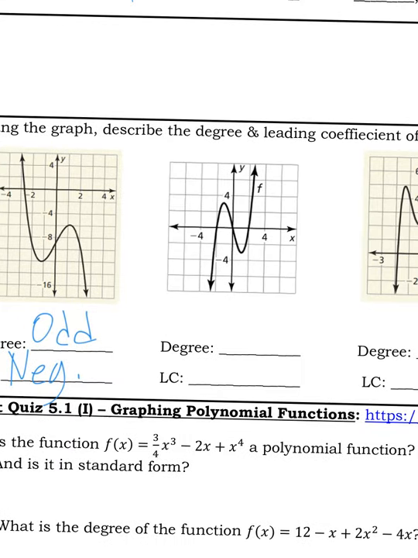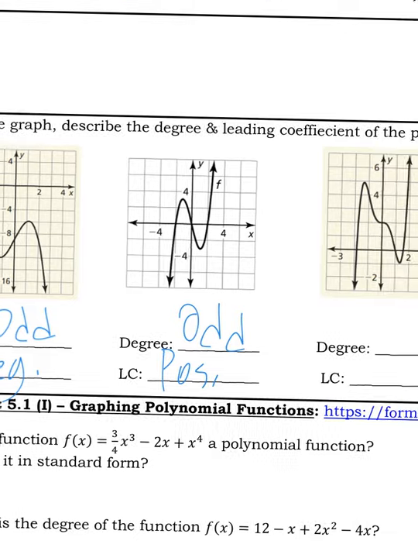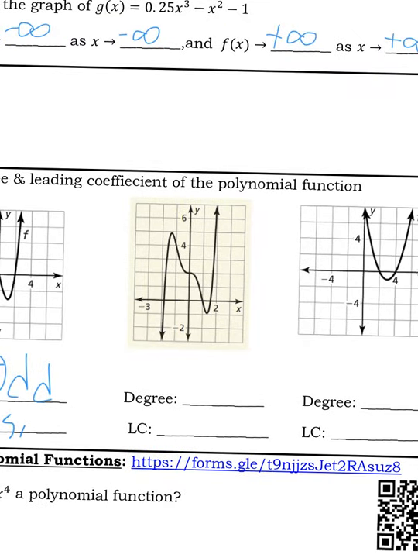This other one has to be odd because the tails also go in opposite directions, but since it's going up from left to right, it must be positive. All right. This one, the tails are going in opposite directions, and it's going up from left to right. So the degree is odd. The leading coefficient would be positive again.